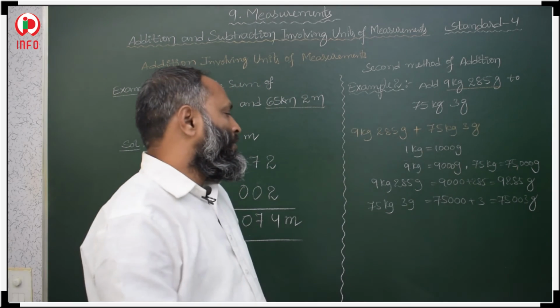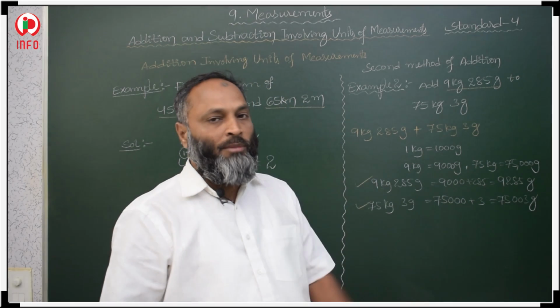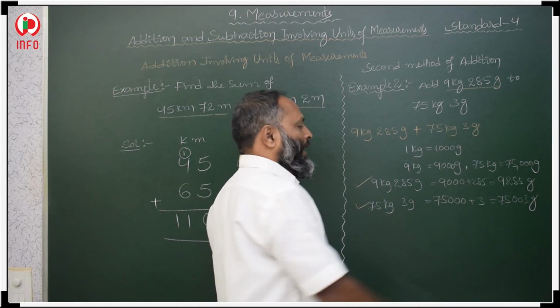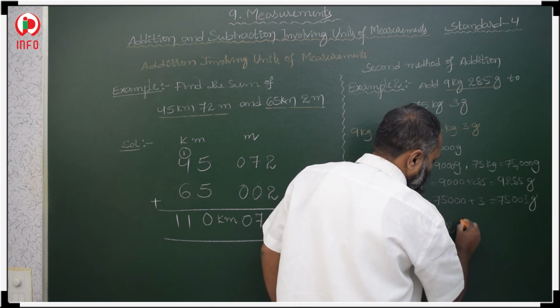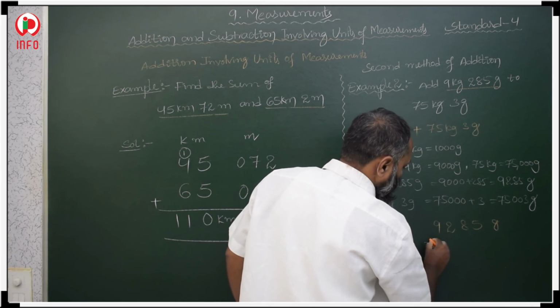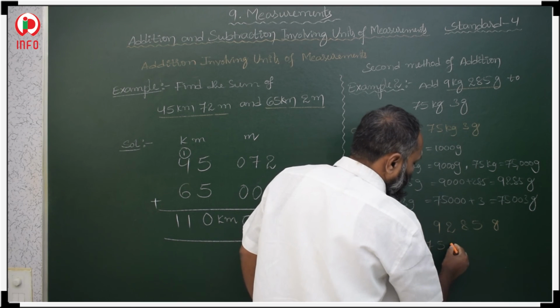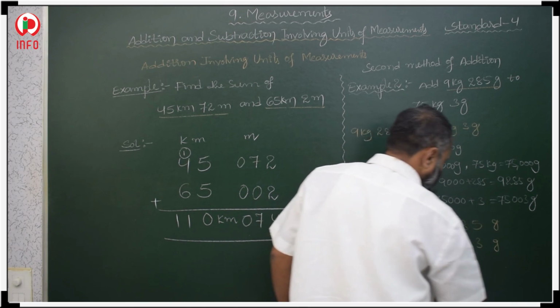Now we converted both the first and the second into grams. Now how to add? First we take 9285 grams, completely in grams, and 75,003 grams. Now add these two.